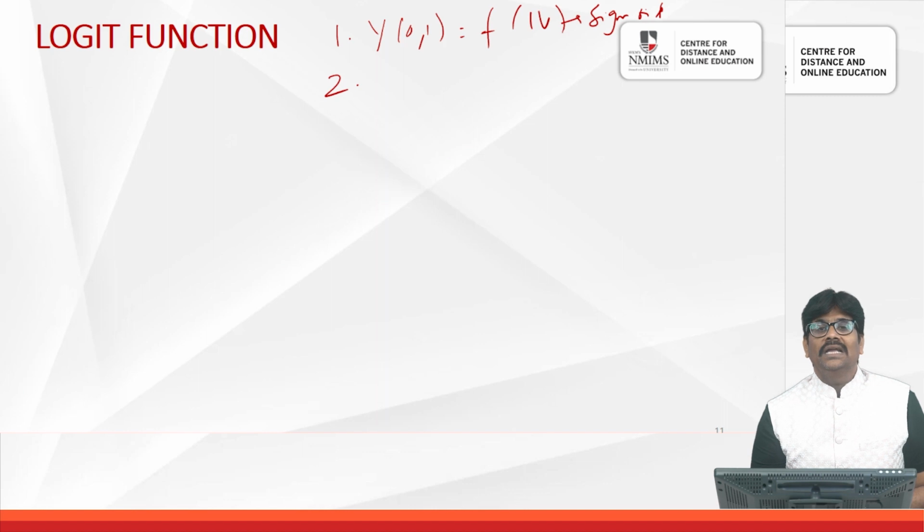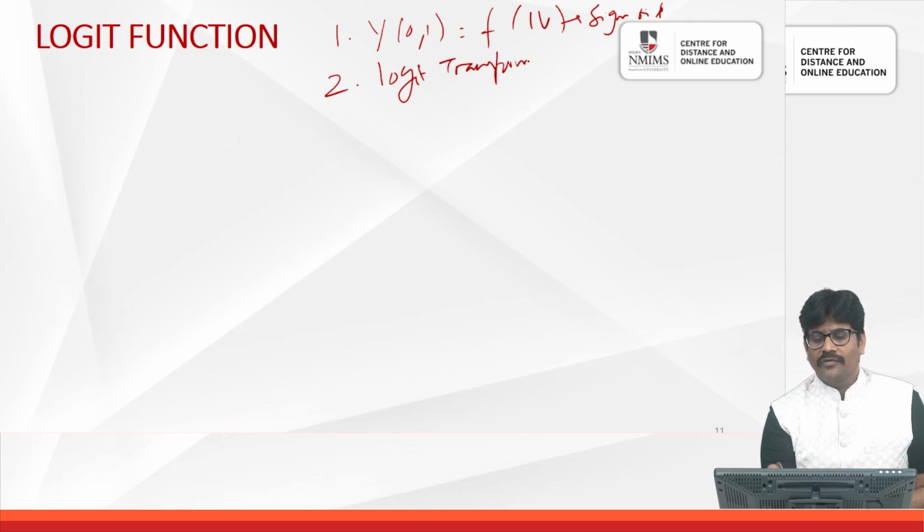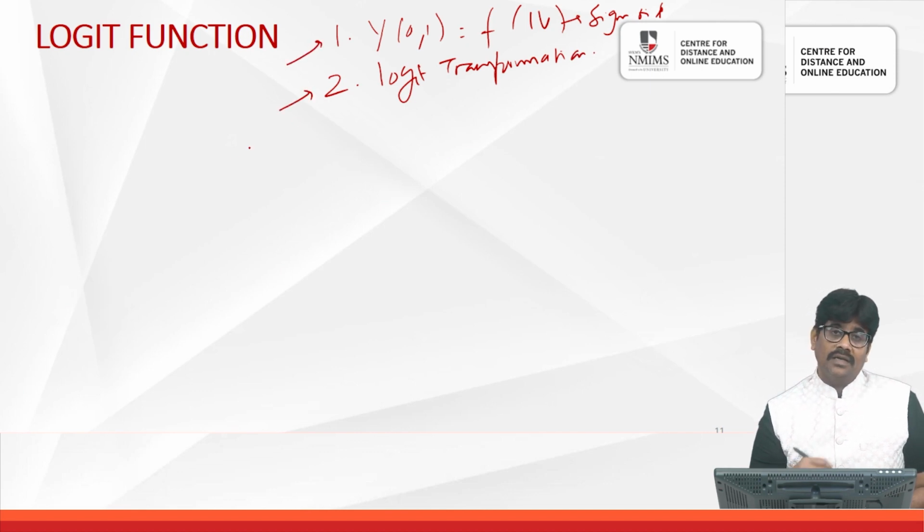There is no linearity between the dependent variable and independent variable, and hence I went for something called the logit transformation. Right? It's often confusing when you are reading about logistic regression. When is the sigmoid used? Why are we going for another transformation? There is a reason for that. The sigmoid function takes care of establishing a relationship between the independent variable and the categorical dependent variable.